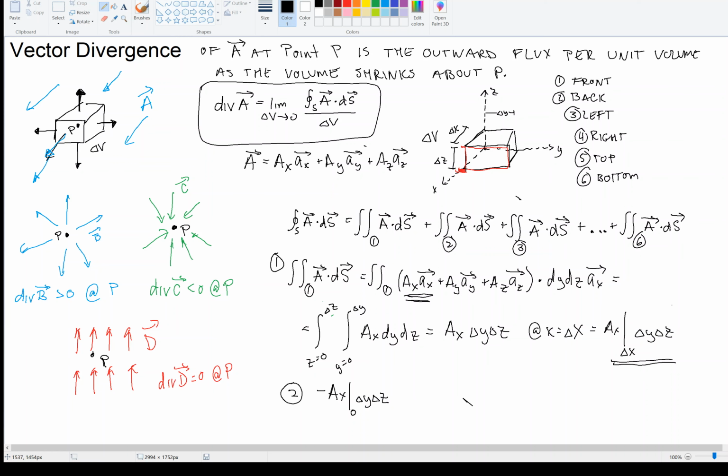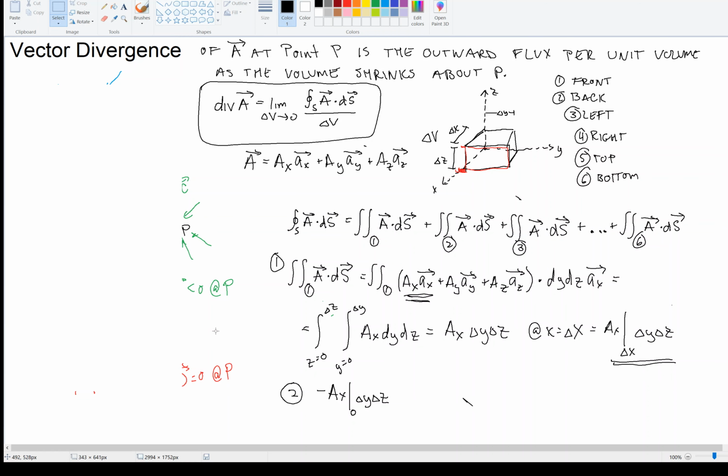All right, now let us consider the summation of those two things. So I'm just going to delete a little bit of this. I'm going to leave the definition of divergence up. That should give me enough room. Okay. So let us consider now the summation.